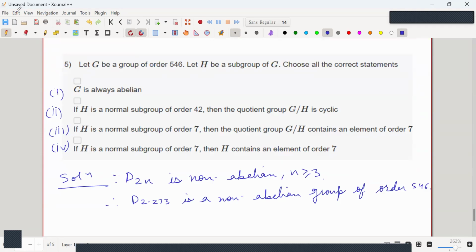You can precisely take D2n, right? Yes, but I don't understand how this is true in general. So if m is even, and m is greater than or equal to 6, then the group D2 times m by 2 is a non-abelian group, right?